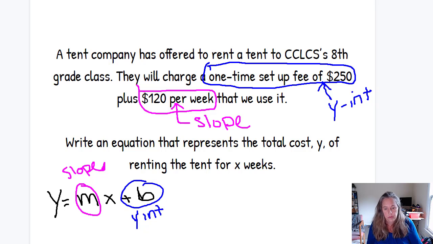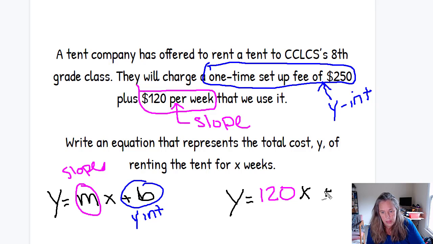I'd like you to pause and try to write that equation, and then you can check your answer. It's going to be y equals 120x, sorry, I had dueling mice there, plus your one-time setup fee of $250.